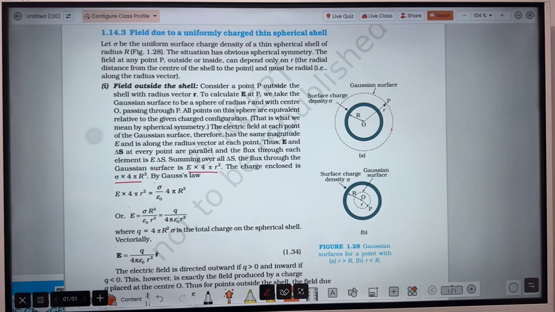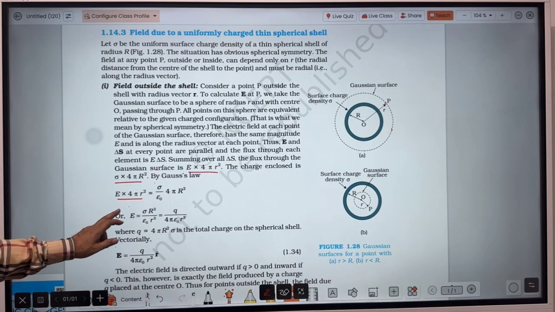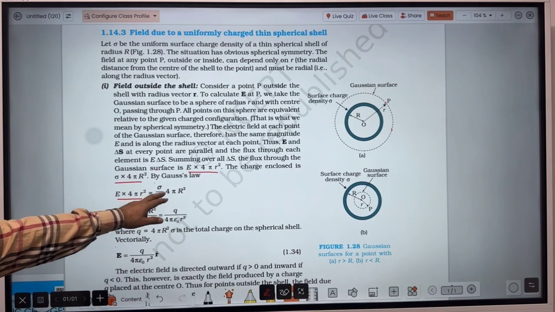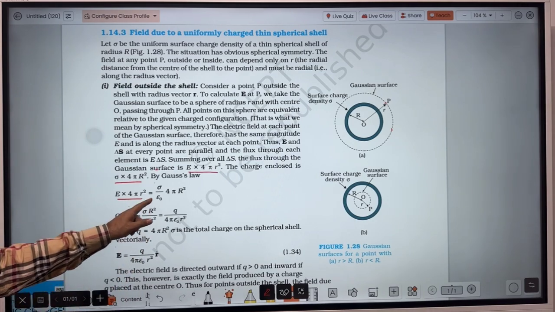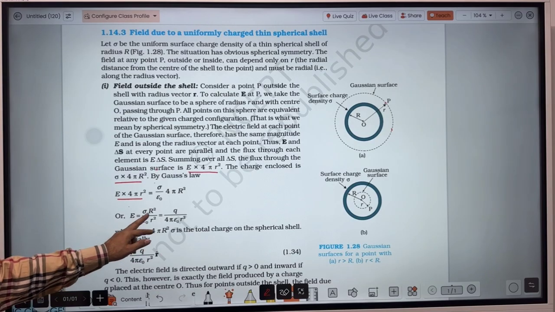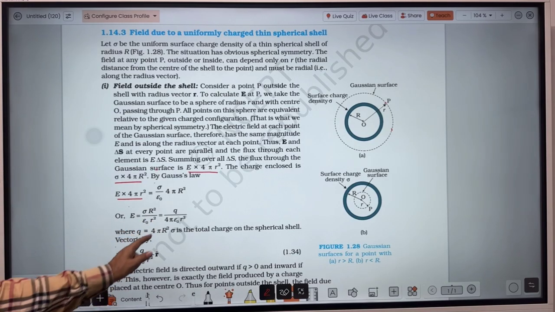So what do we get? E times 4 pi r square equals sigma times 4 pi r square divided by epsilon naught, or E will be equal to, here we can simplify. Sigma 4 pi will cancel out, and then epsilon naught will be left, so r square divided by r square.